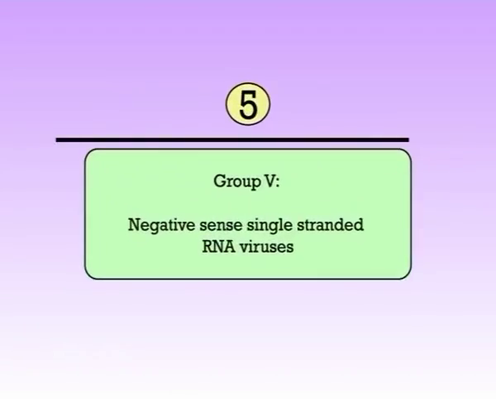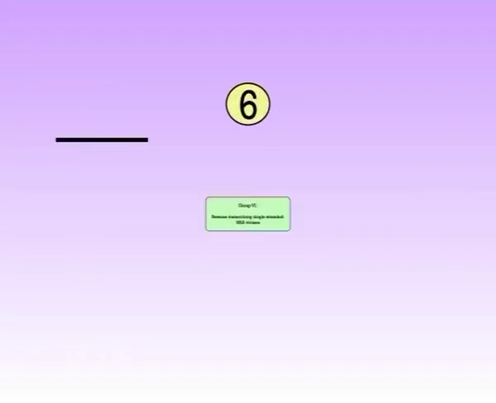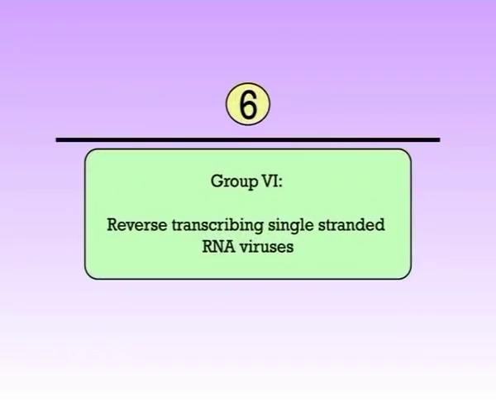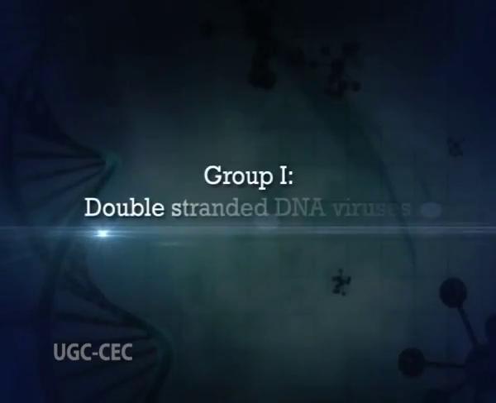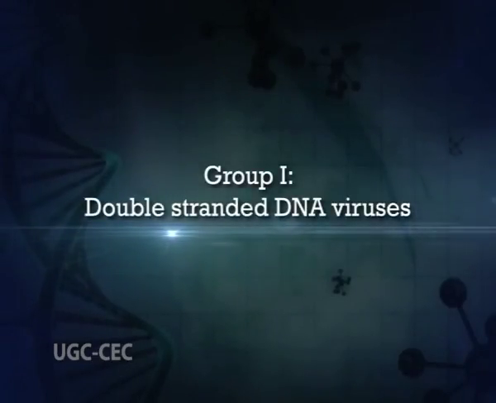Group 5 contains negative-sense single-stranded RNA viruses. Group 6 contains reverse transcribing single-stranded RNA viruses. And finally, Group 7 contains reverse transcribing circular double-stranded DNA viruses. So now we'll see first Group 1, that is the double-stranded DNA viruses.